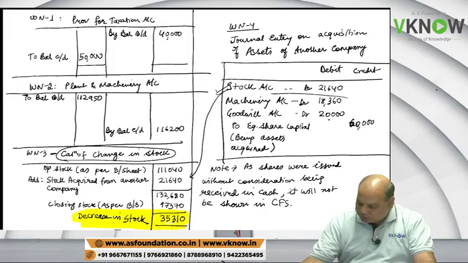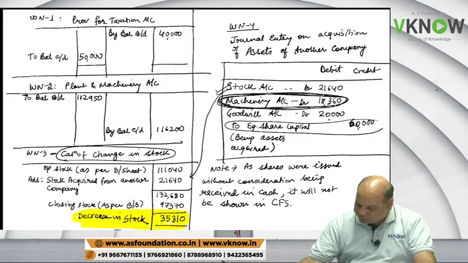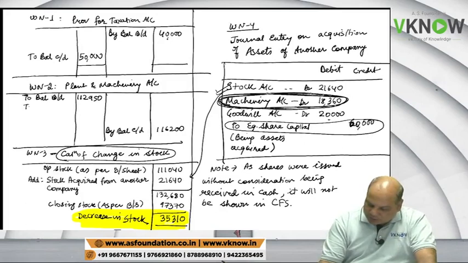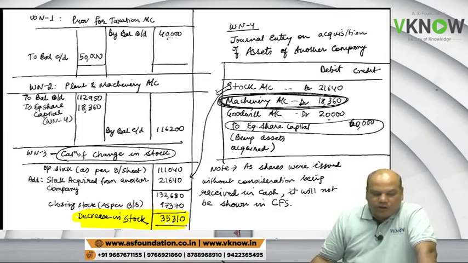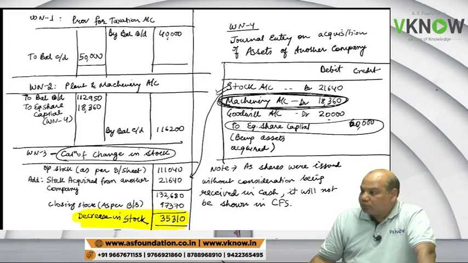And in working note 4, on the screen right side, machinery was acquired by issue of shares. So on the debit side, I will write down to equity share capital 18,360, working note 4. Is it right?